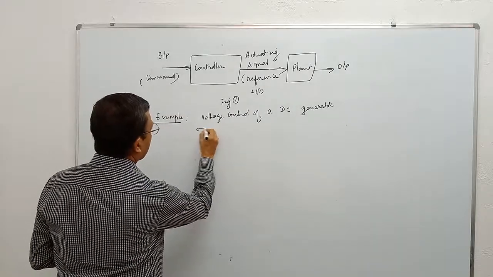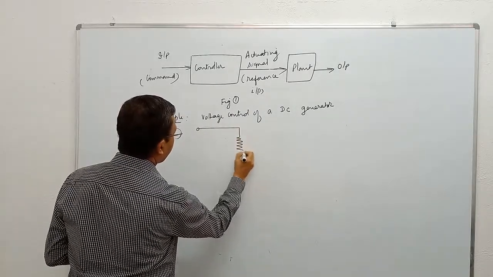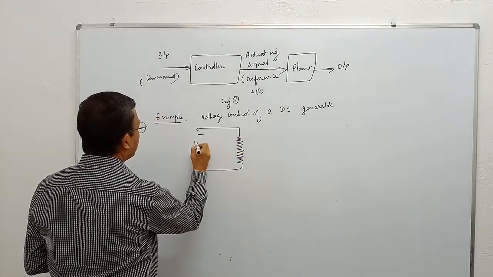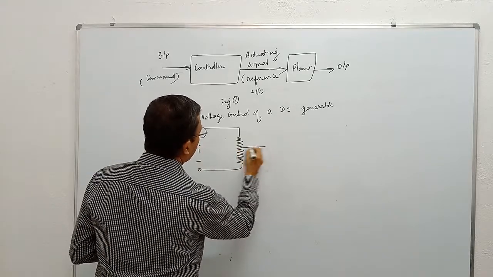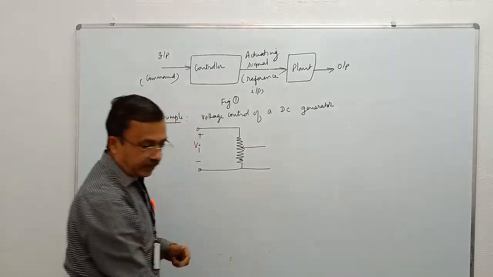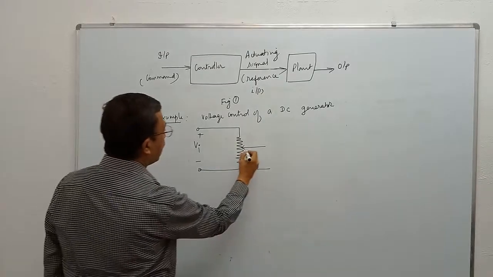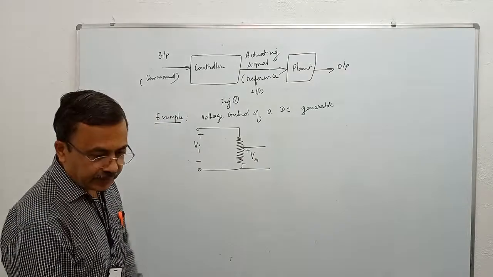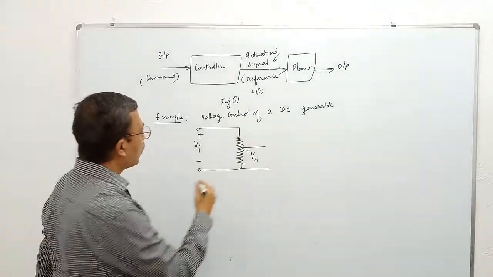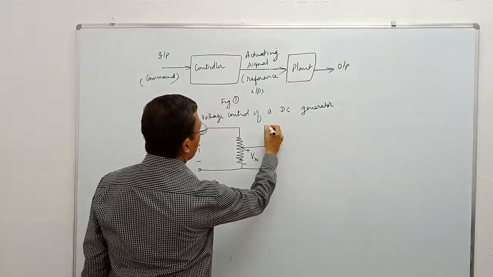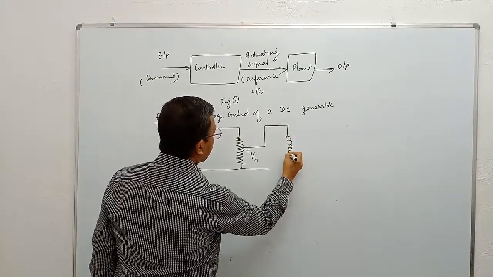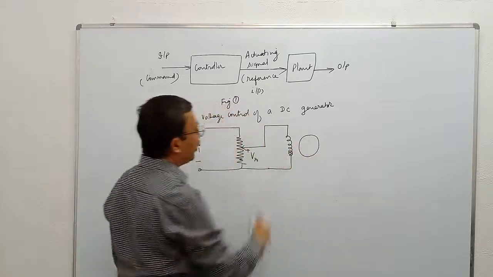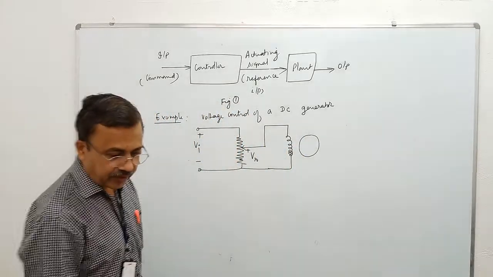We have got a potential divider. The input voltage to the potential divider is VI. The output of the potential divider is VR. This potential divider output is given to the field of a separately excited DC generator. This is the field winding of the separately excited DC generator.